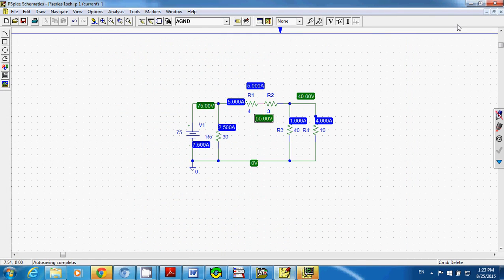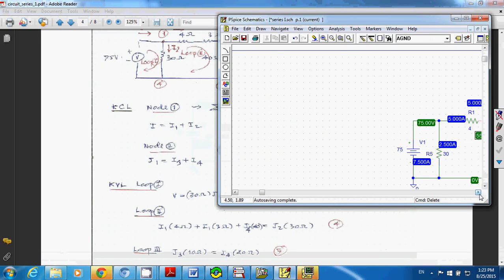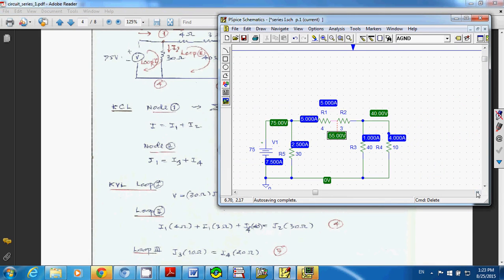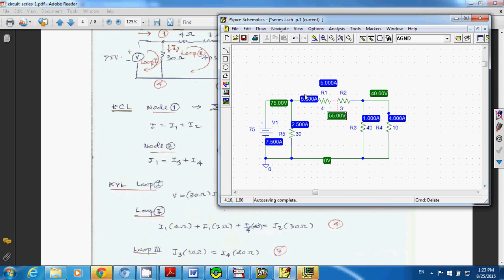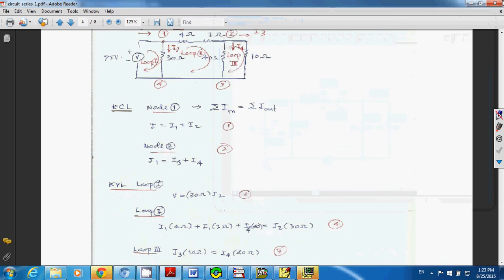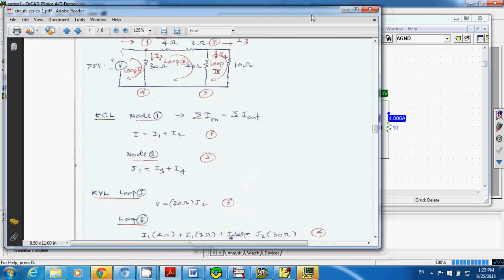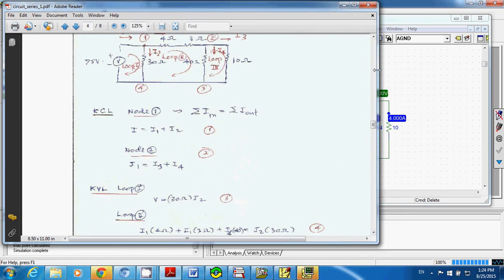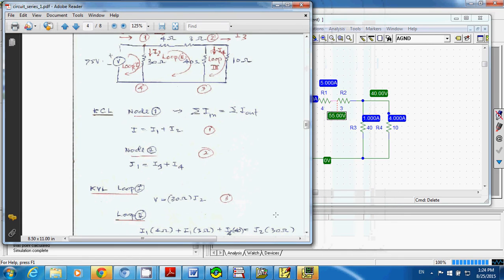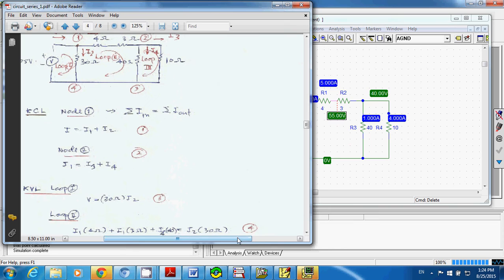You can check if you have the right equation or not. Take a look at your circuit, which already has the current and the voltage drop across each resistor. So before you solve the equations, make sure you have the right equations.